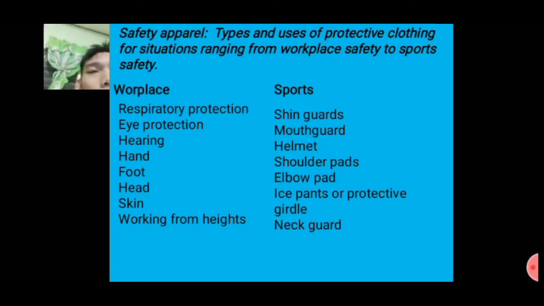So, all of these protective clothing are important when you're in the workplace. Why? To protect yourself from hazard. So with the help of this protection, you are kept away from harm. So we have the sports safety.